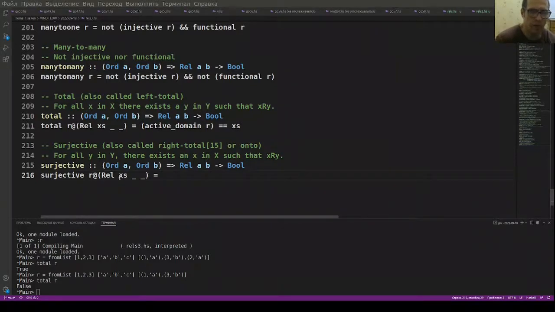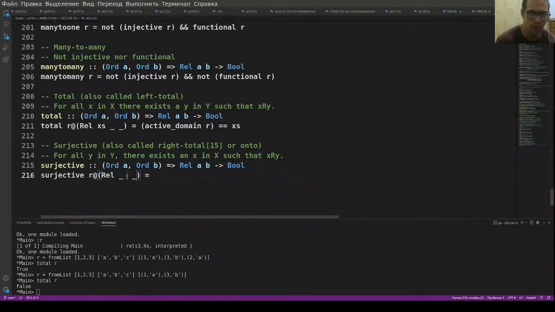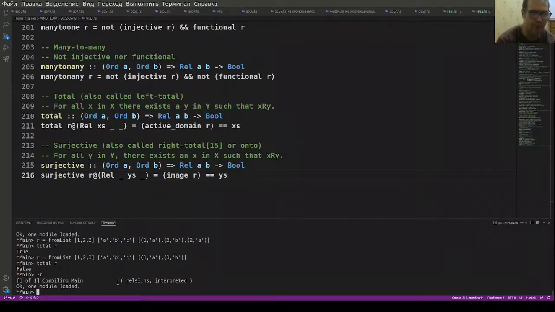And the definition, I think, is exactly the same as for total, but it's somehow symmetric. So we need to take the image, I think, of our relation, and this image must be equal to the codomain.